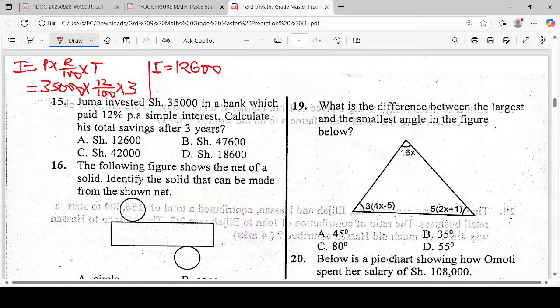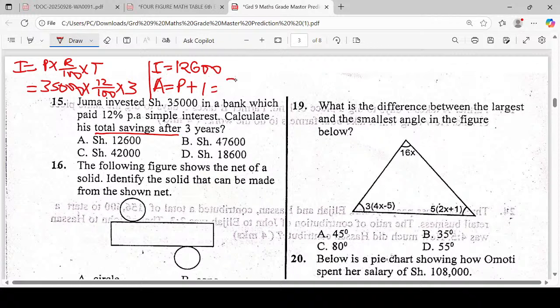That is just the interest, and on top of the money I invested in the bank. So when they want the total savings after the 3 years, remember, I had put my money in the bank so that I save my money. So now my total savings, they are simply referring to amount. And amount is given by principal plus interest.